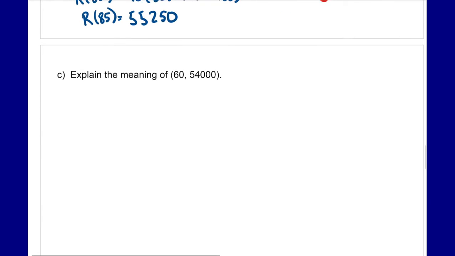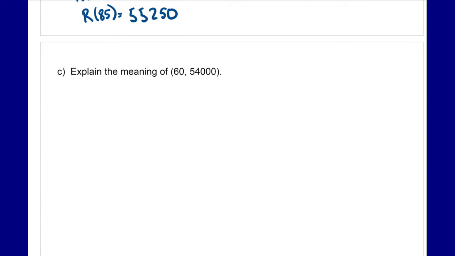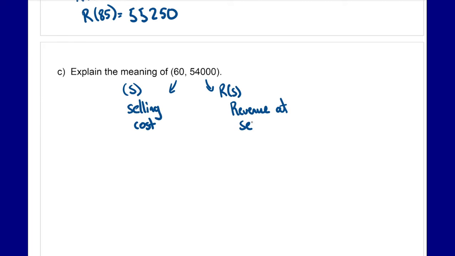One final question, explain the meaning of 60, 54,000. So a point (60, 54,000). So what this is telling us is two parts. The first part, the X value, is telling us the selling cost. That was S. The second part is R of S, which is the revenue at the selling cost.